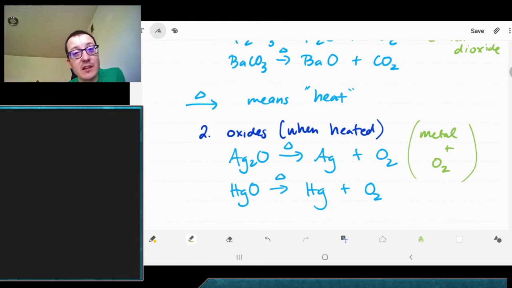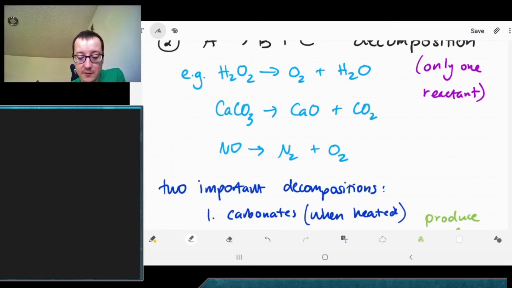All right, so this is again just for when I'm asking you to predict the products. If I'm just asking you to identify something as decomposition, any of these other ones could be candidates. And you'll know that because there's only one reactant. So if you only see one reactant, it's a decomposition reaction. That's the only type where you're going to see just one reactant.